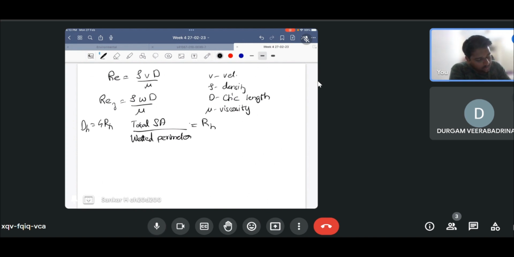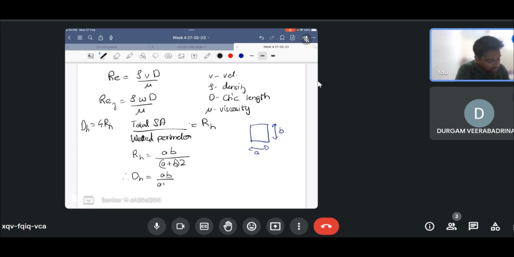Therefore, for a rectangular cross section of, let's say, length A and height B, the hydraulic radius is the total surface area, AB, divided by the wetted perimeter, 2 times A plus B. Therefore, the hydraulic diameter will be equal to AB by 2 times A plus B, times 4. Therefore, we'll get it as 2AB by A plus B.